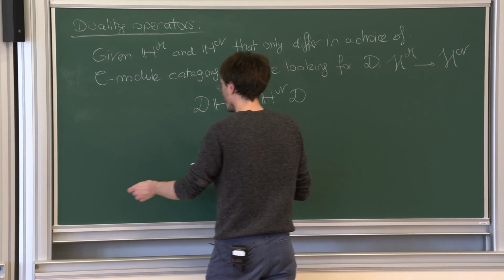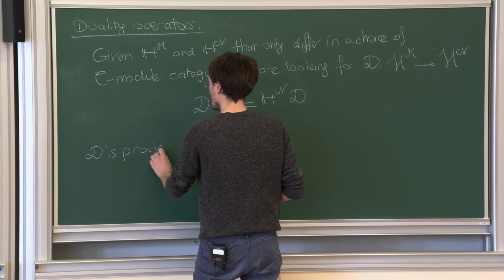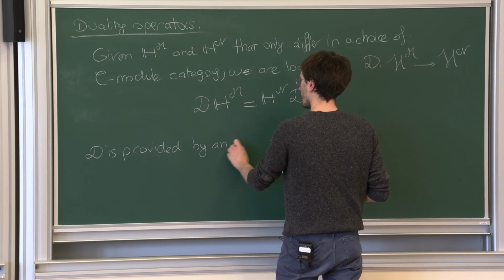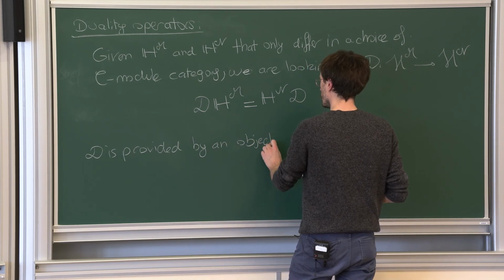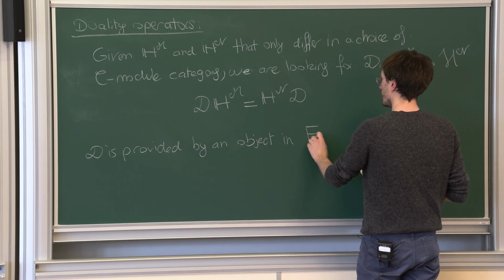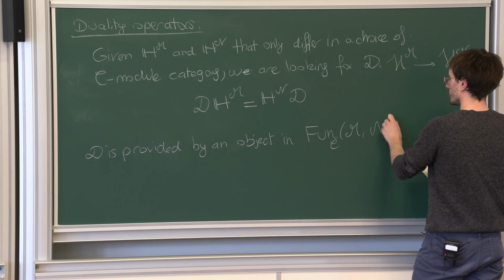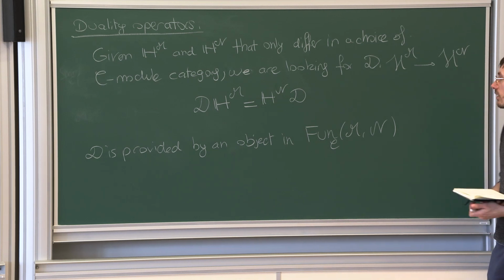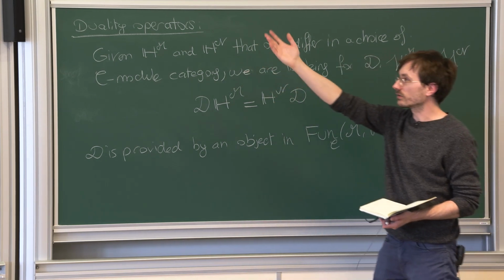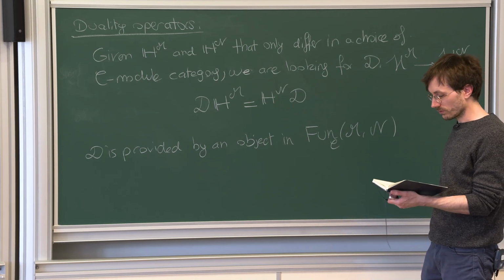Almost intuitively, since they only differ by a choice of module category, this is going to be something that is labeled by a functor from M to N. Instead of taking maps from M to themselves and then satisfying all the axioms, we're going to do exactly the same thing, but now from one module to the other.